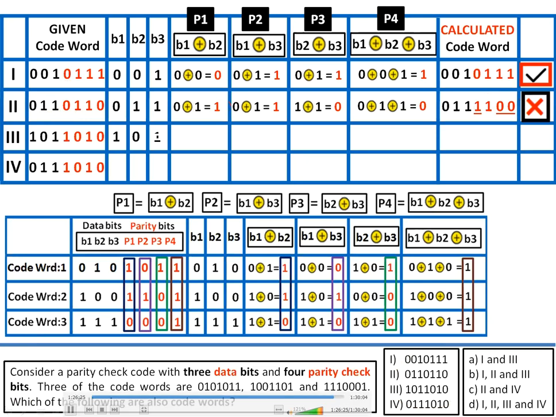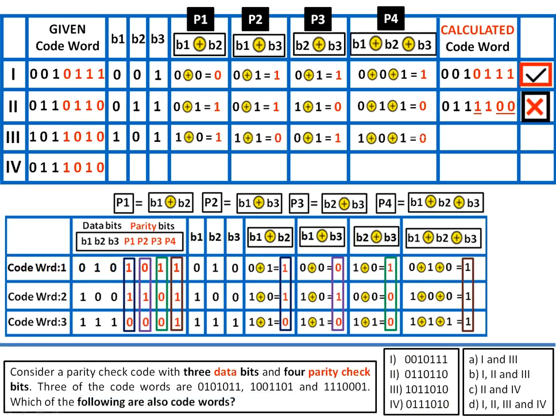Similarly, 101. Again, it has been matched. With these 3 data bits, your code word will be this one, and this one is matching. So obviously perfect. Now, if these are the 3 data bits, please compute the next 4-bit combinations with these 3.